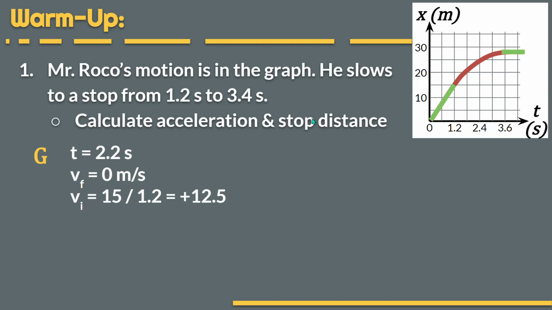And so if I divide those, I get his initial velocity before he starts to slow down. So looking at my graph, I can find the slope of the line segment to get his initial velocity, the slope of the line segment to get his final velocity, although that's just horizontal, so that one's a lot easier. And so now I have initial velocity, final velocity, and time.